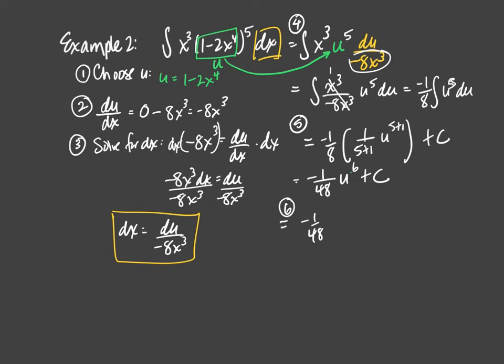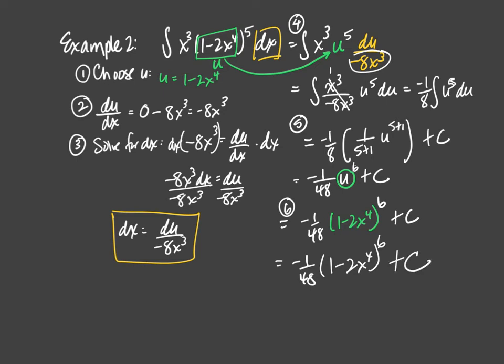So I have my u, and I want to replace it with 1 minus 2x to the 4th, to the 6th power plus c. So my final answer, negative 1 over 48, 1 minus 2x to the 4th, all to the 6th, plus c.